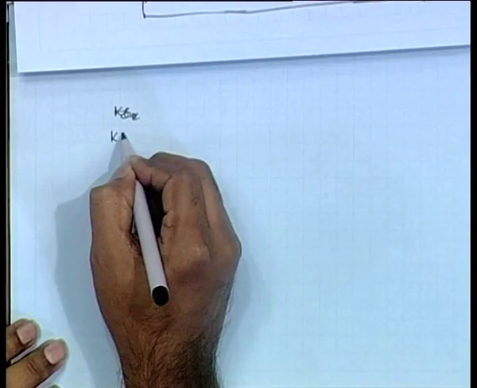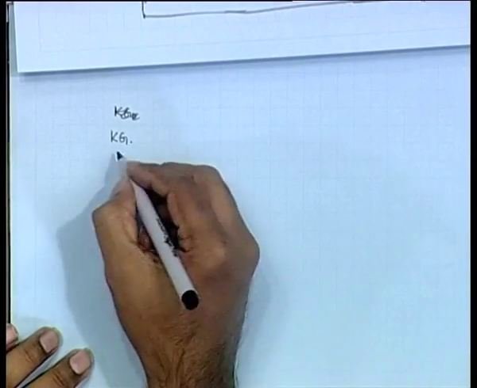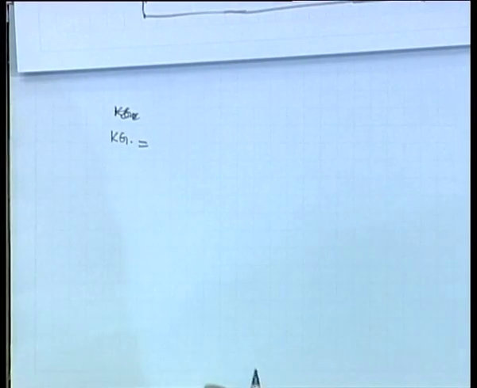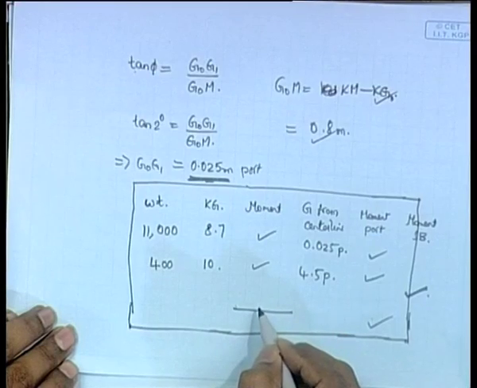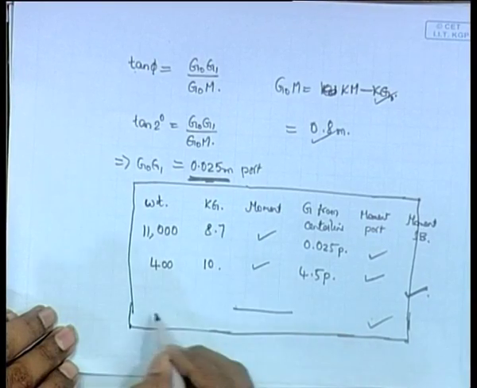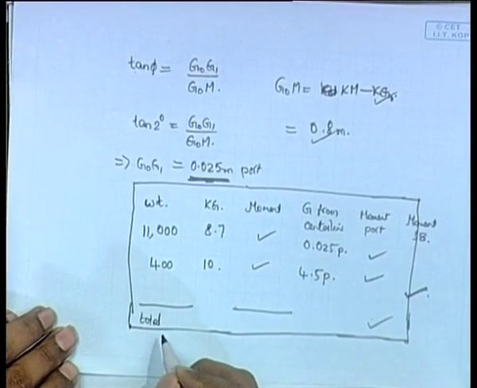Kg 0 means initially, before the loads are added. Once you add the load, it becomes kg. Different loads are added at different points, so what is the new position of your kg? Kg will be these moments divided by the total weight. Is it clear, or are you getting confused?